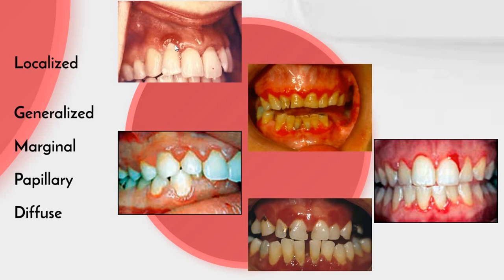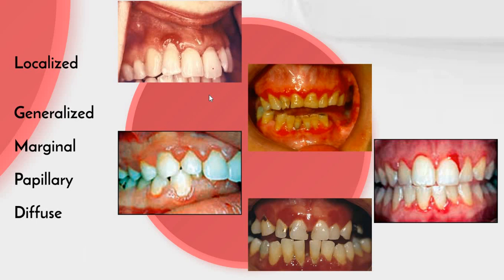For example, it affects 1 tooth or 4 teeth, 3 teeth, or separate, for example, single or multiple teeth, such as 2 teeth here and in another quadrant, 2 teeth to another teeth. So this is localized, and we have an outline or boundary for localized lesions. Less than 30% of the gingiva affected is localized. More than 30%, it's generalized.